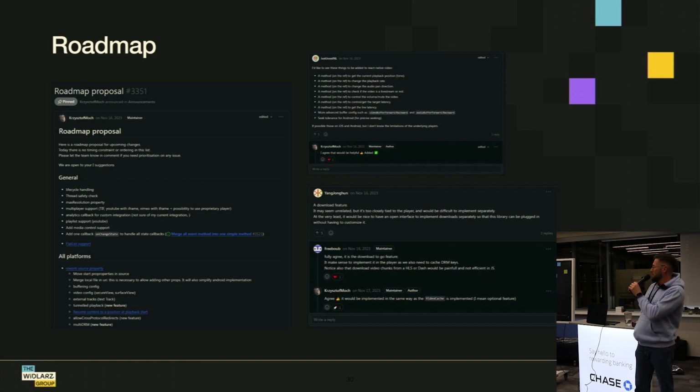So being a kind of leader is needed. Having a roadmap is really helpful, so the community knows where the library is going. If they want to contribute, they can pick from the points on the roadmap.